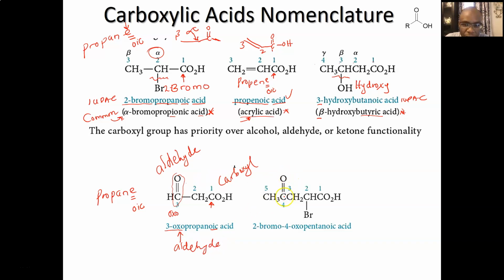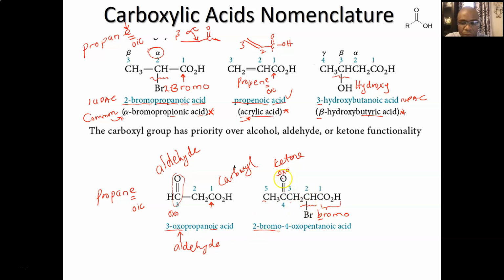Okay, in this case you have a ketone. You see you have CC and a carbonyl, so in this case you have a ketone. At the same time you have the carboxylic acid, right? So we're still going to use oxo, but you have a substituent which happens to be bromo. So B and O, who gets priority in writing the name? It's the B. The bromine is on the second carbon, so 2-bromo.